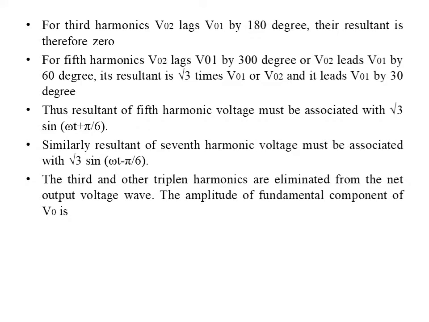The third and other triplet harmonics are eliminated from the net output voltage wave. The amplitude of the fundamental component of V0 is V01M equal to 4Vs divided by pi into root 3.